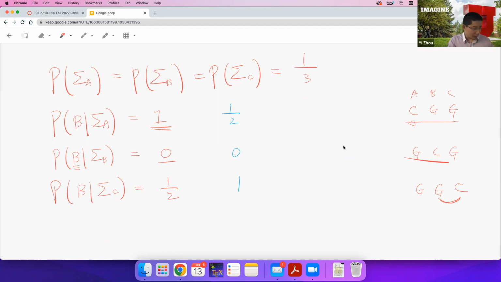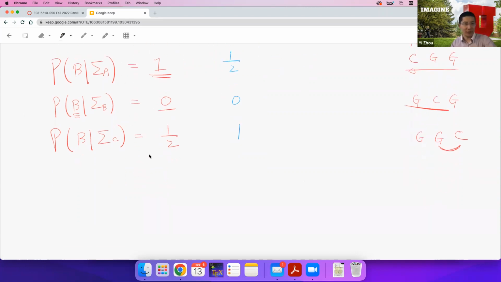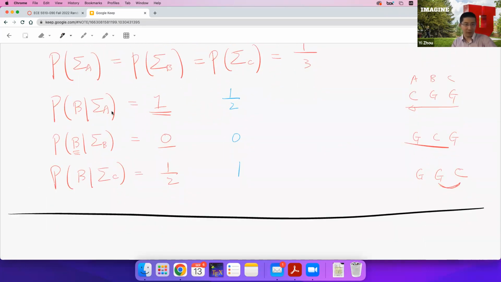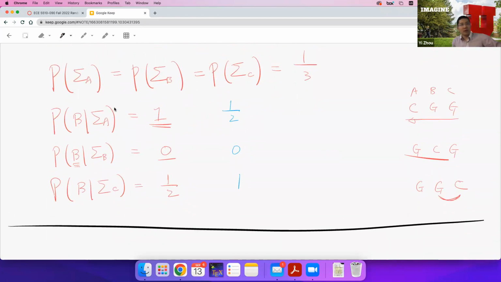So we'll come back to this one in the next lecture. And if you find a convincing explanation, please send me an email, and I would like to know your thoughts on this.